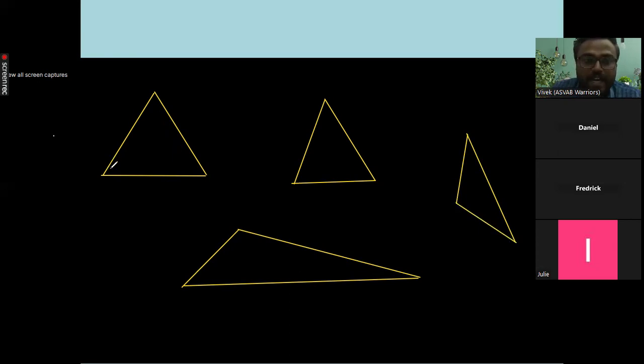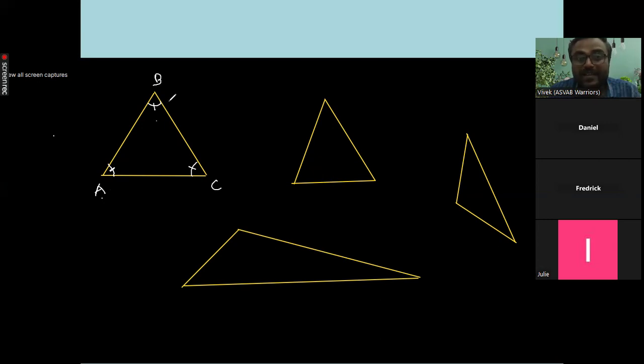If they put just one arc for each angle, what does that mean? That means this angle is equal to this angle is equal to this angle. I'll name them so it doesn't look like I'm firing bullets in the dark. Angle A is equal to angle B is equal to angle C.